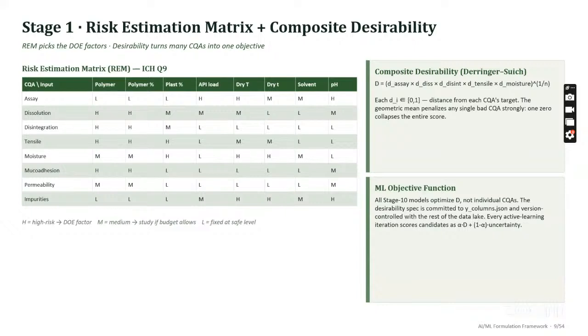So which factor is more risk or less risk? For assay, polymer strength is low, so risk is low. The polymer percent is also low, which is a high API load. If I'm getting impure API, then my assay won't pass. And also drying, solvent and pH.